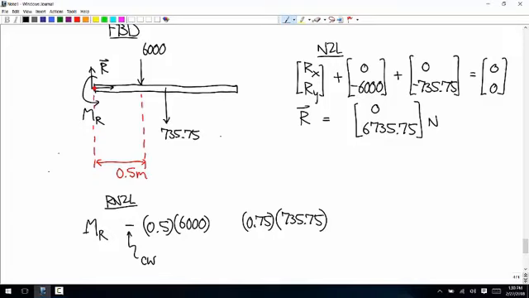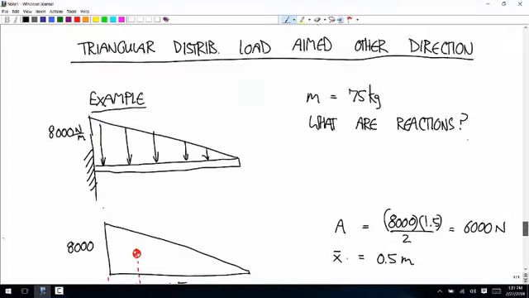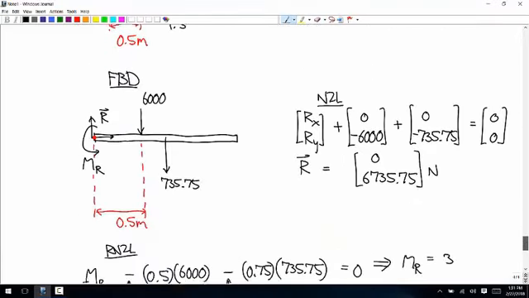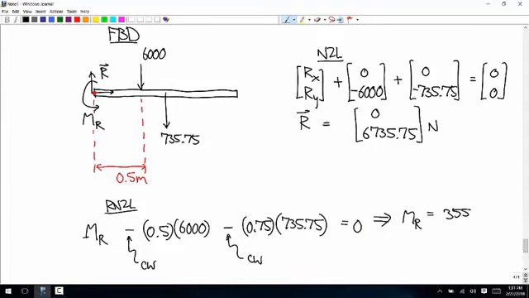Is that clockwise or counterclockwise? Clockwise again, so negative. And so this time we get MR of 3,000. What was it before? 551.8. So 3,551.8 Newton meters.